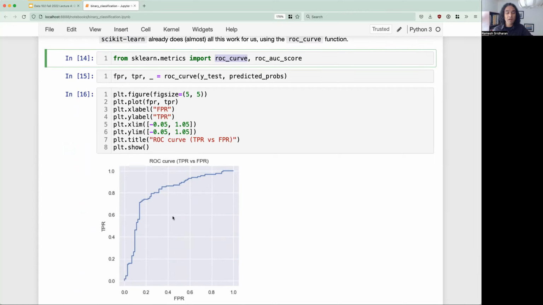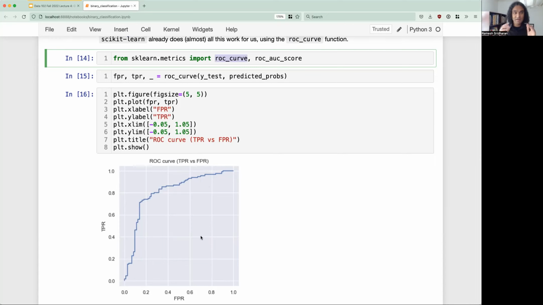For this problem, the doctors came back and said they want to make sure that they're doing really well on patients who do have cancer. That corresponds to getting a really high true positive rate, so they're probably going to be interested in what's going on over here. I can give you a true positive rate of maybe 0.96, but you have to accept a false positive rate of 0.7.